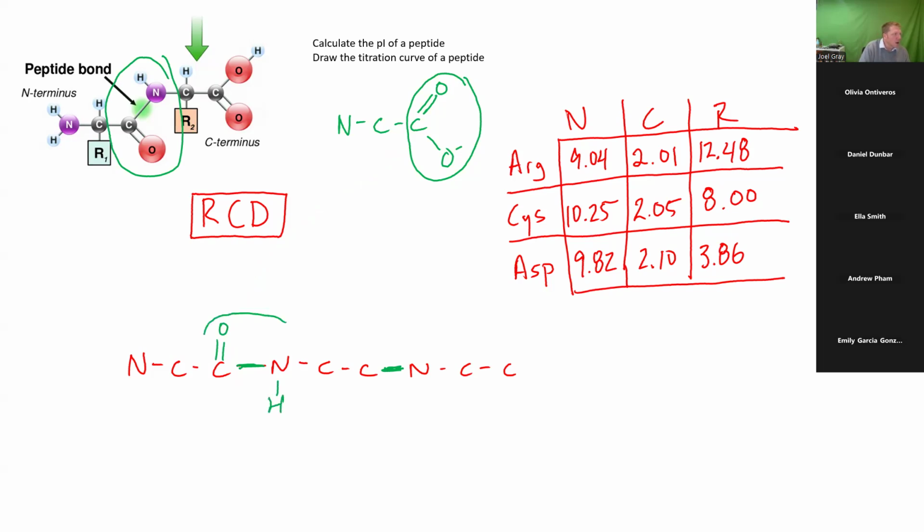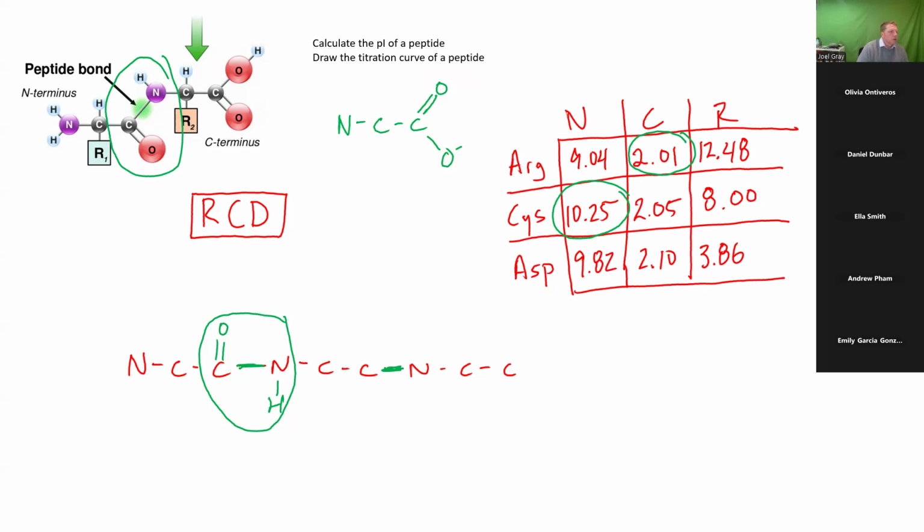Now, where I just drew a circle, what I'm looking at there is the C termini of arginine, so this functional group, and the N termini of cysteine, this pKa's functional group. Can you give me a 1 in the chat if you follow that, a 2 if you did not?